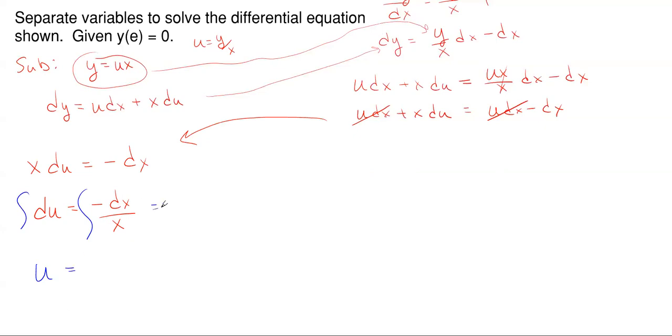And essentially this is the integration of minus 1 over x dx. Well, this 1 over x, whenever you integrate that, you get the natural log of x. And since it's a minus, we'll get a minus natural log of x. And then we're going to get our integration constant c.